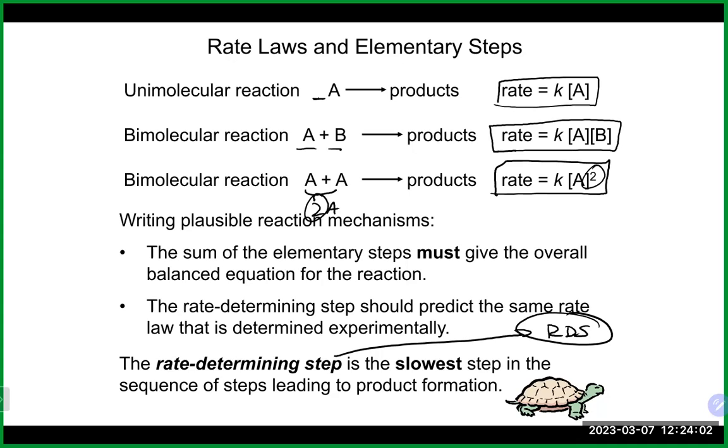Now, the rate determining step will always match the experimentally found rate law. In a lot of mechanism problems, they will straight out tell you the rate law was found experimentally to be this, and there should be a step that matches it identically. That would be your rate determining step, the one that determines the overall rate of that reaction.